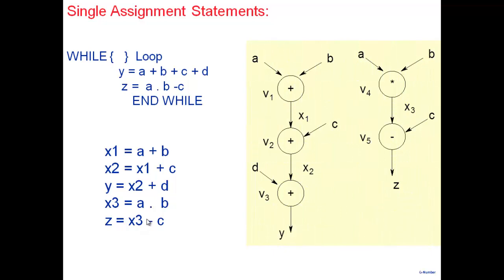So this is the data flow graph that I generate, okay? A plus B, X1 plus C, D. So this is the one set of computation that is occurring to produce Y. And Z is the other set of computation that is occurring to produce the output Z here. Okay. So let's say we have broken it up in this manner, and this is the data flow graph.